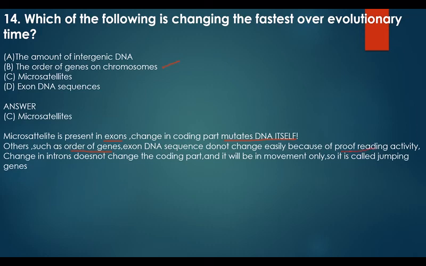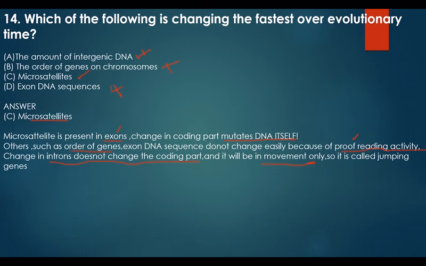Change in introns doesn't change the coding part, so it does not lead to evolution itself; there will be only movement, known as jumping genes. So option A, the amount of intergenic DNA, and the order of genes on the chromosome will not change easily, and exon DNA sequence cannot be changed just like that because of proofreading activity. So the answer is microsatellite, which changes the fastest over evolutionary time and is present in the exons itself. The answer is C.